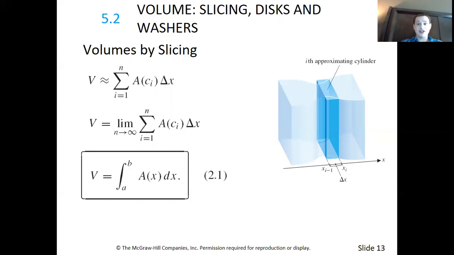The hard part is setting it up correctly in the first place. If you integrate both sides, there's your master equation: volume is the integral from a to b, where x starts at a and goes to b, of whatever the area of each slice is times its thickness. So A dx is a little tiny chunk of volume, area times thickness, and you add up all these volumes to get the total volume.